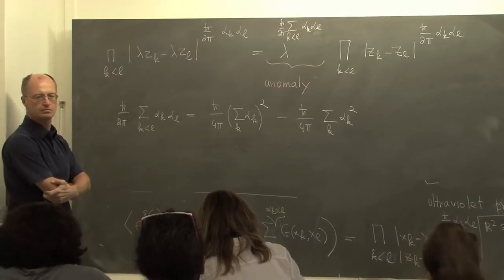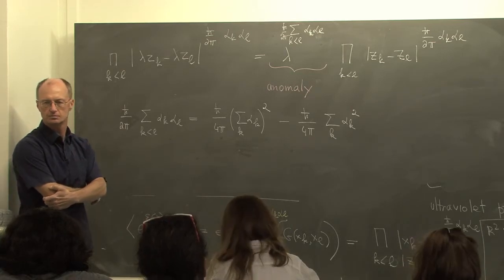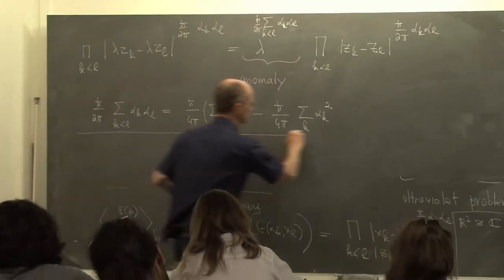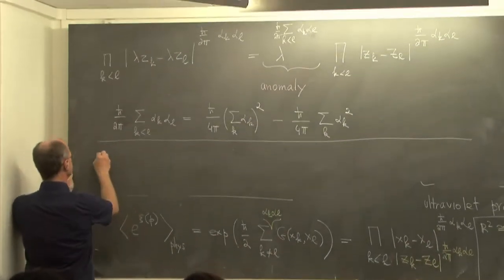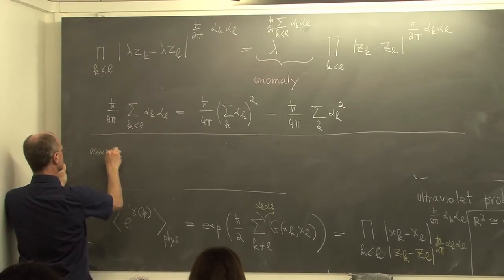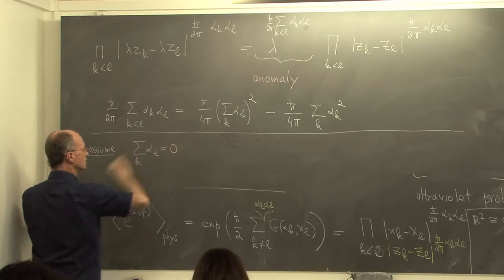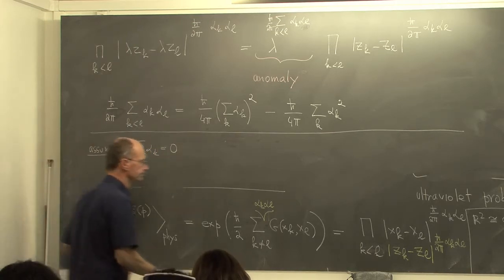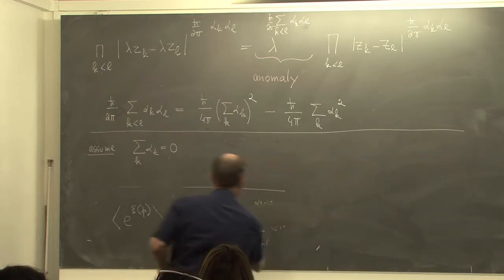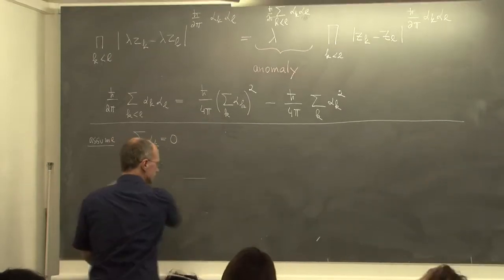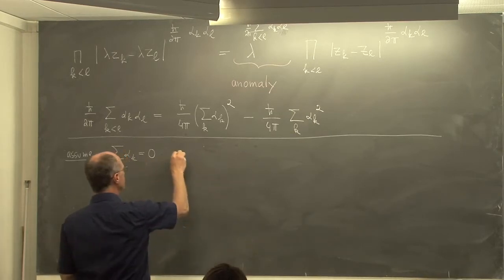Is it true? Let me first make a simplifying assumption. Assume that the sum of the alpha_k's vanishes. Then the result allows for the following interpretation.